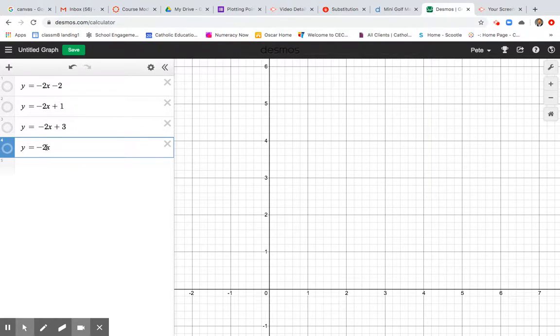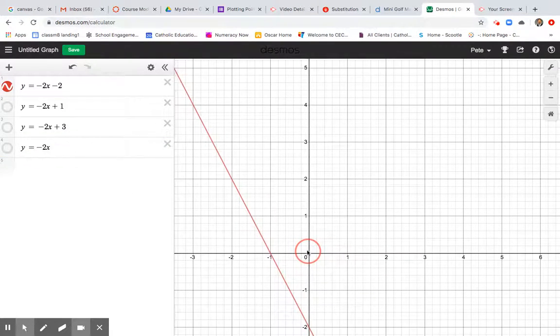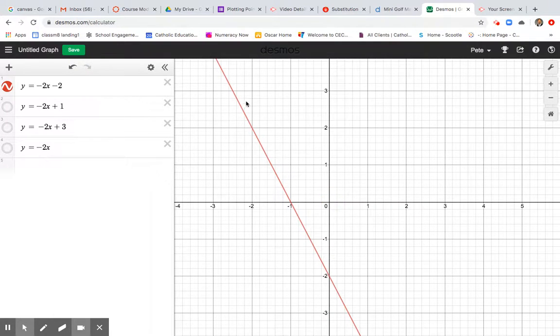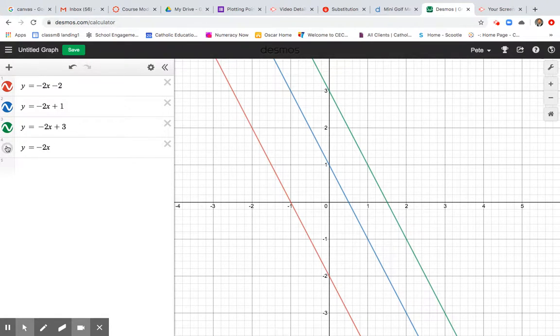I wonder what you think would happen. Well, let's have a look. Well, we can hardly see that one. It's sort of going the other way now, isn't it? Minus 2x minus 2, minus 2x plus 1, minus 2x plus 3, and minus 2x. They're sort of going the other way.